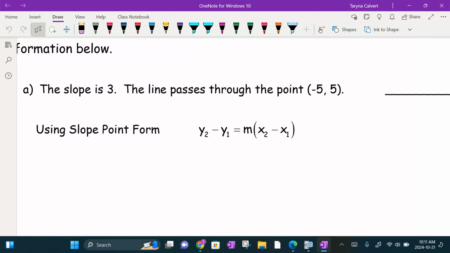Where does the 3 get substituted in? For m. Now here we have one point, and that one point is made up of an x and a y.